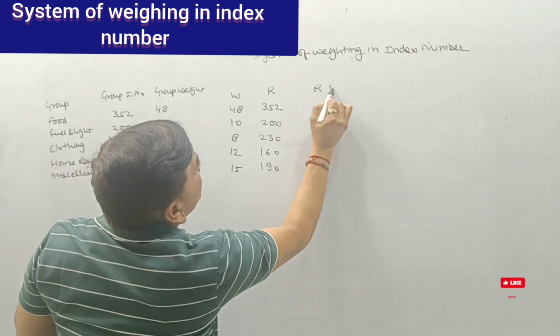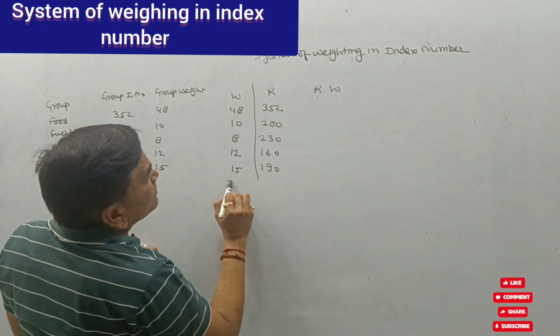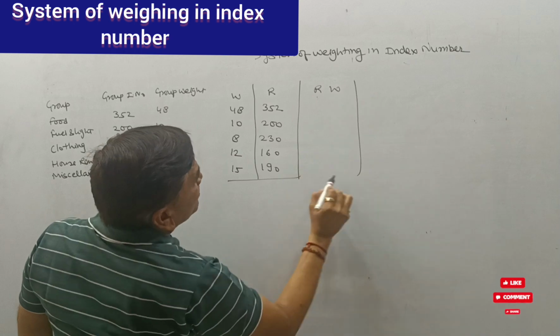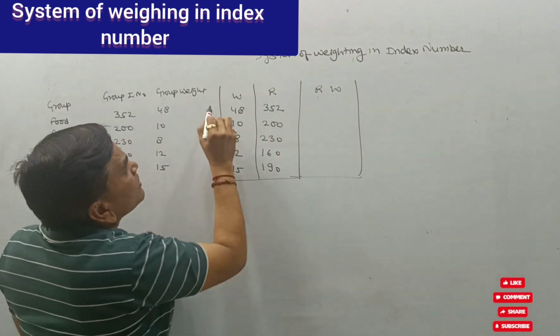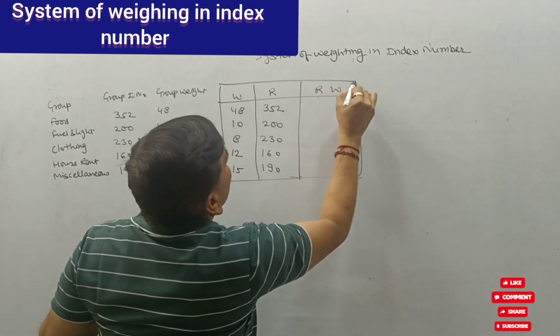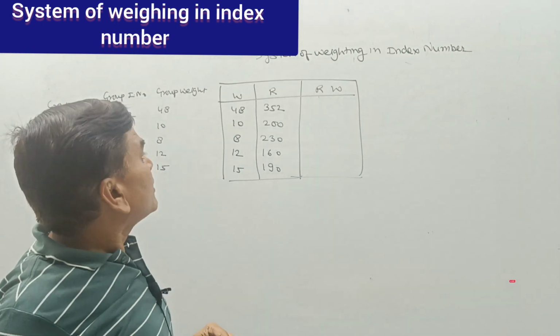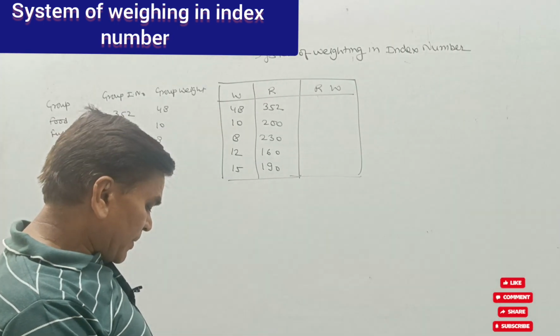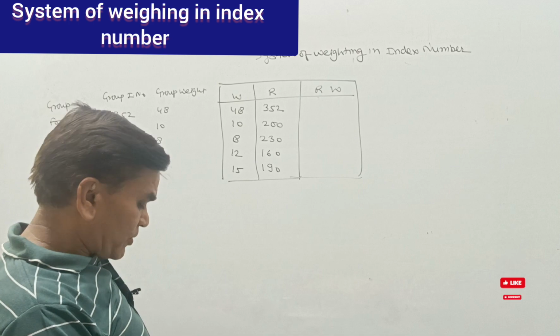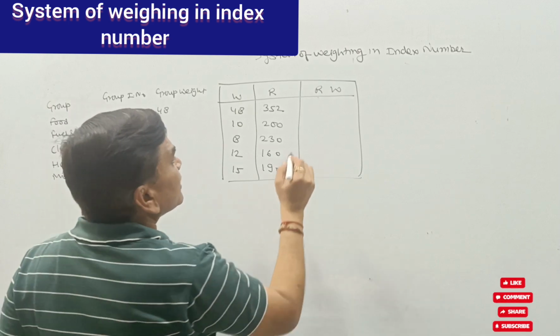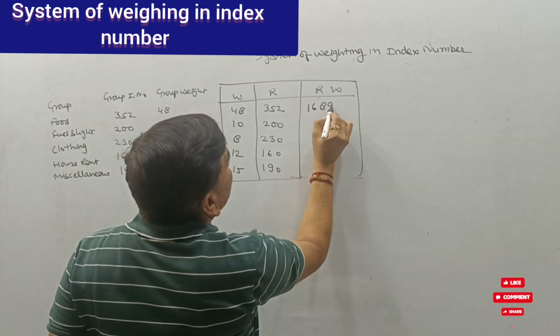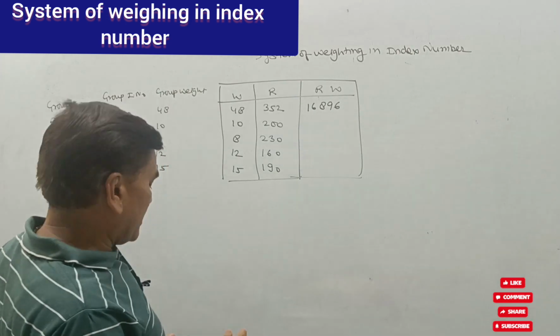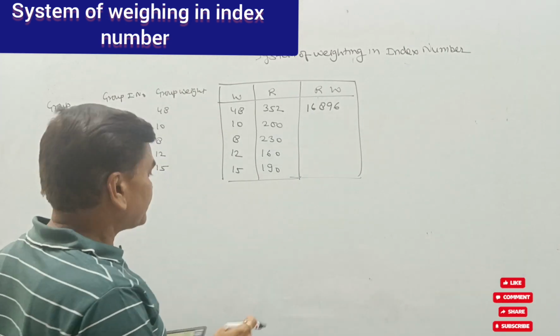So we have to calculate RW. It's very simple: we multiply R with W. First one, 48 multiplied by 352, is 16896. The second one is 2000.